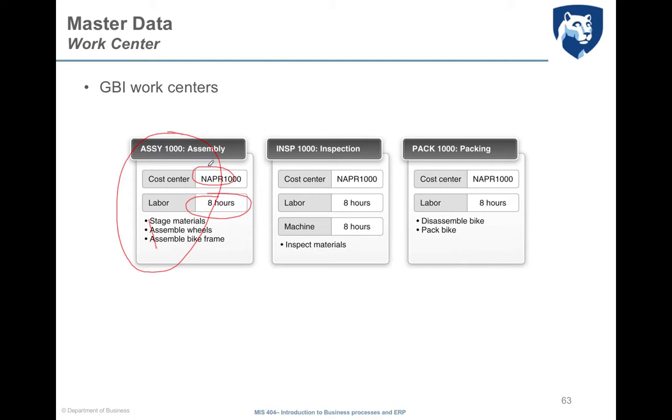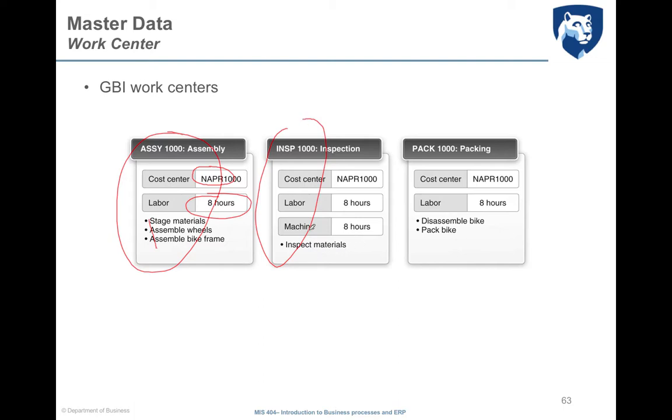and this is where the cost of this work center are allocated. If you want to analyze another type of work center, we can see INSP 1000, which is the inspection work center. Here the bike is placed on a machine test that inspects the quality of the suspension and the balance of the bike.